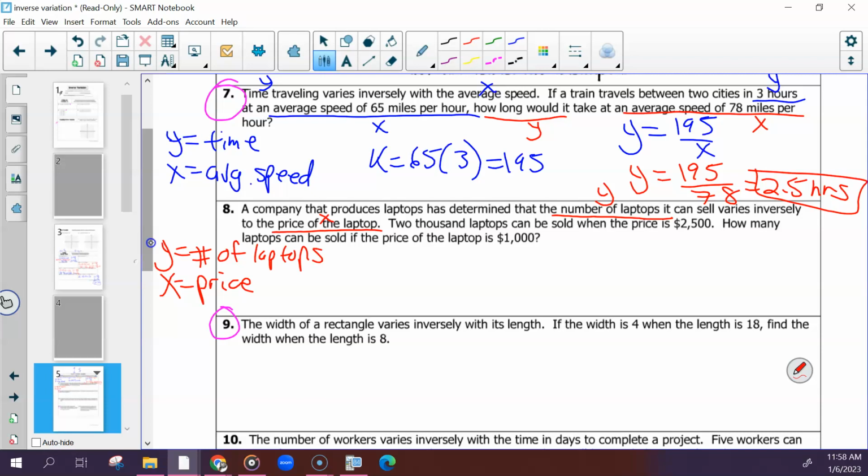Then they say 2,000 laptops, so this is talking about number of, that's our y, can be sold when the price is 2,500. Use those numbers to find your k value. It's going to be a big number.